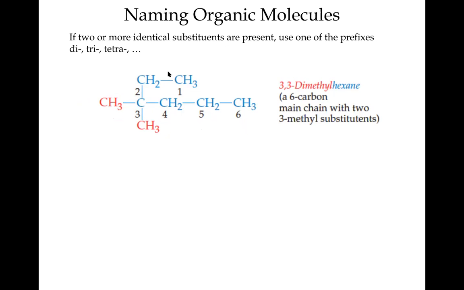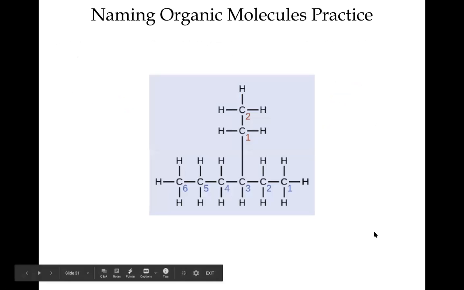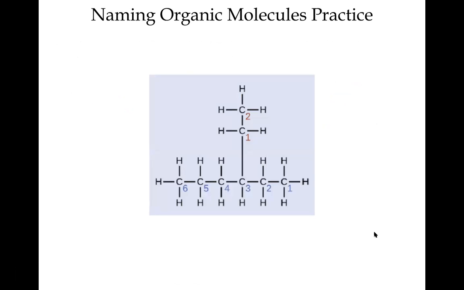Dimethyl because again there are 2 methyl groups, 3,3 because they're on the third carbon, and hexane because the longest chain is 6. And that's it, basically. It gets more complicated when we talk about other functional groups, and we're only talking about alkanes right now.